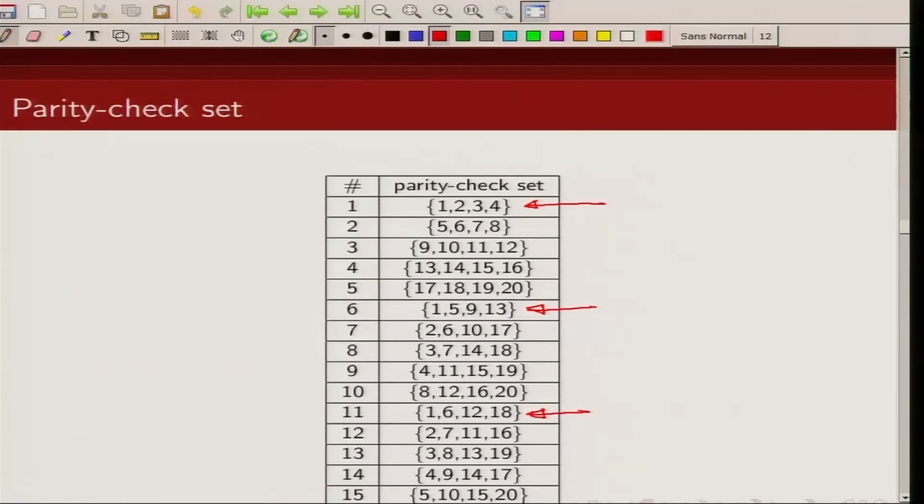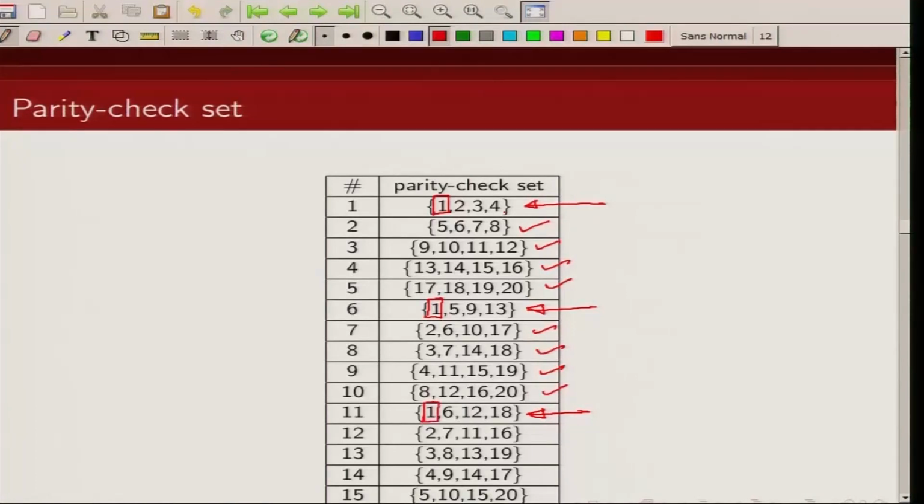Now note, in our example there was a single error in bit number 1 location. So all other bits were received correctly, only bit number 1 was in error. Then what is going to happen? This parity check set would not be satisfied because this bit is in error. This will be satisfied, this will be satisfied. This will not be satisfied because this particular bit was in error. These are all satisfied.